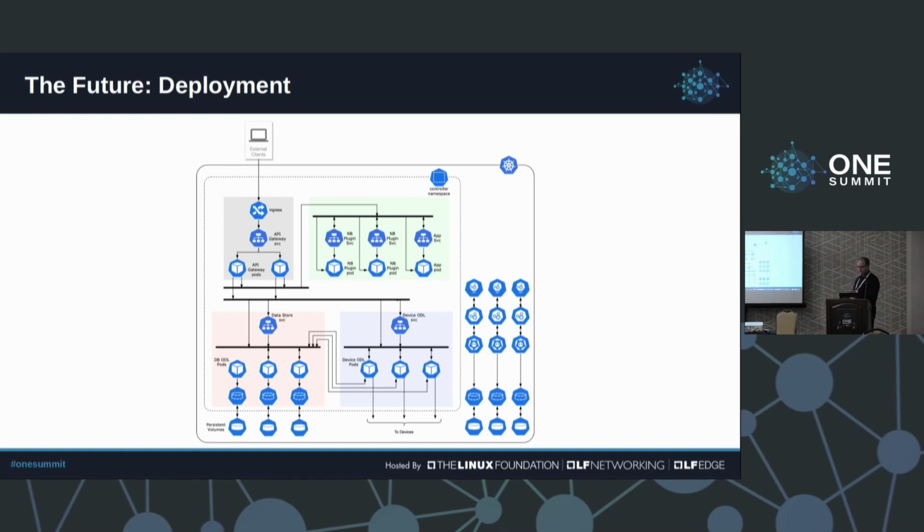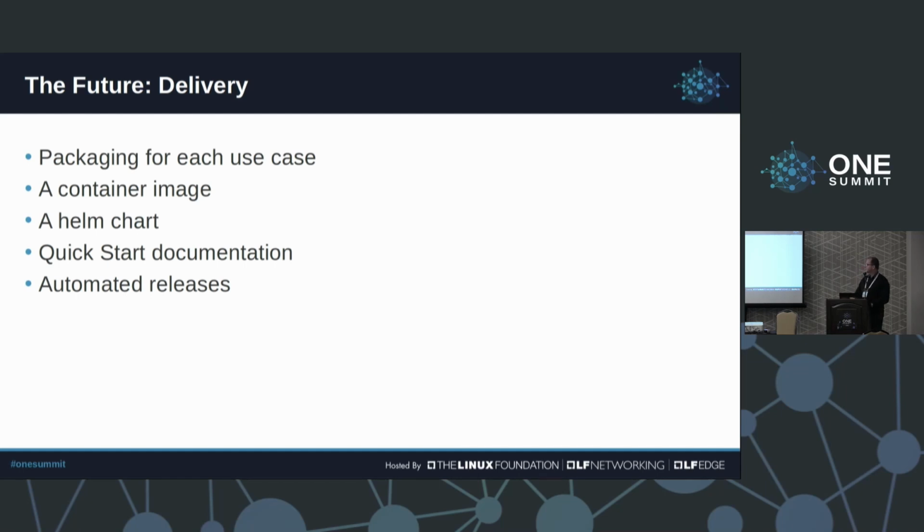On the delivery side of things, we really need to think about our packaging and messaging around that, because today everybody expects Docker images, maybe Helm charts, and a quick start documentation to get you started, and unified integration with essentially Kubernetes without having bespoke tools.